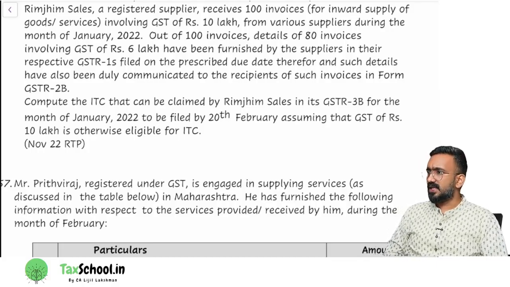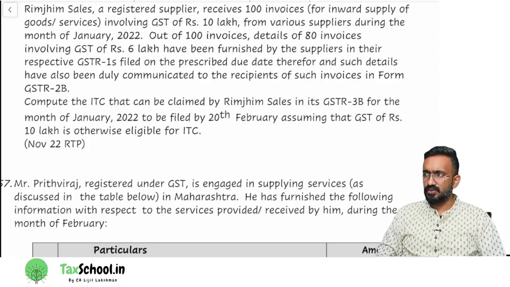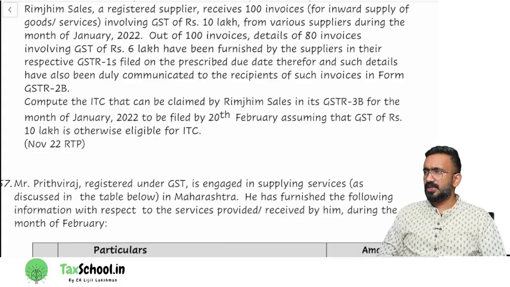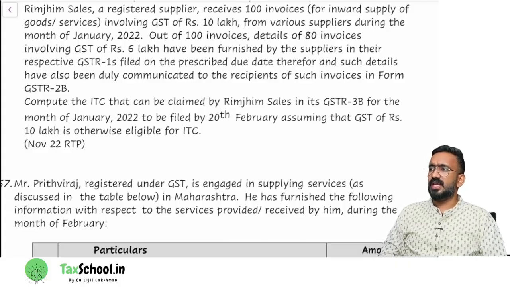Compute the ITC that can be claimed by Rimjim Sales in GSTR 3B for the month of January 2022 to be filed by 20th of February, assuming that GST of rupees 10 lakh is otherwise eligible for ITC.